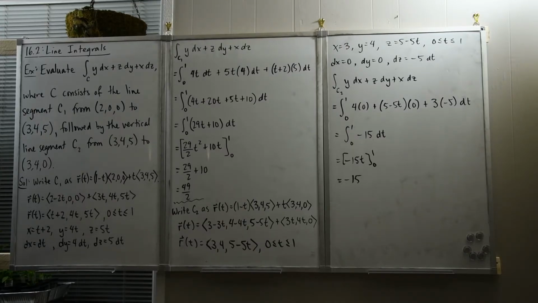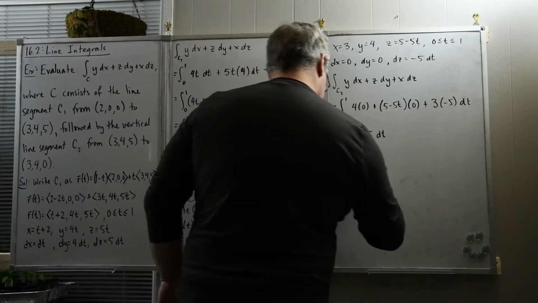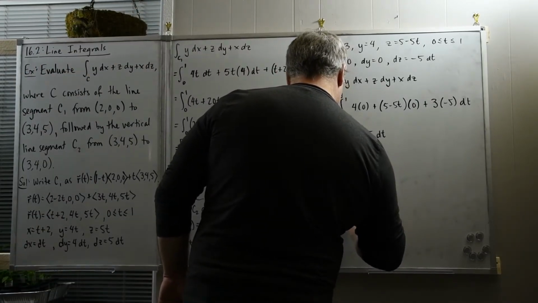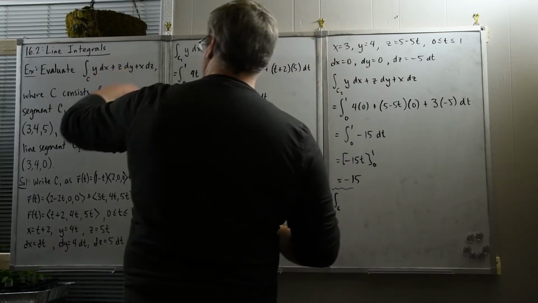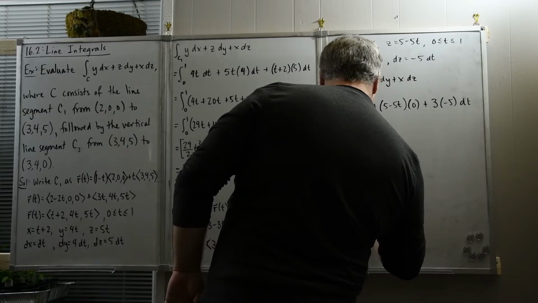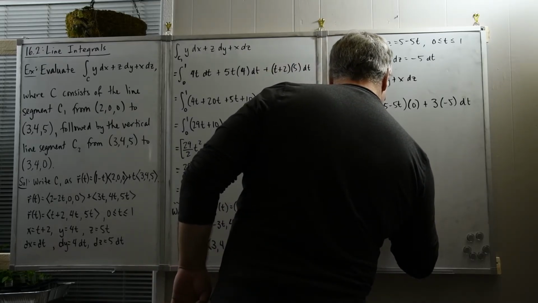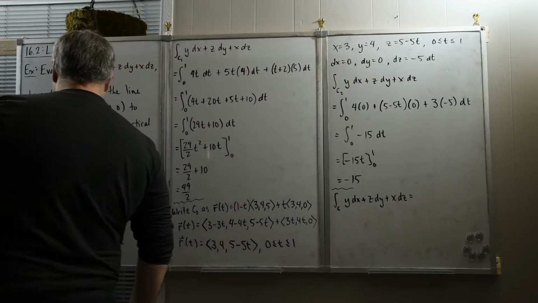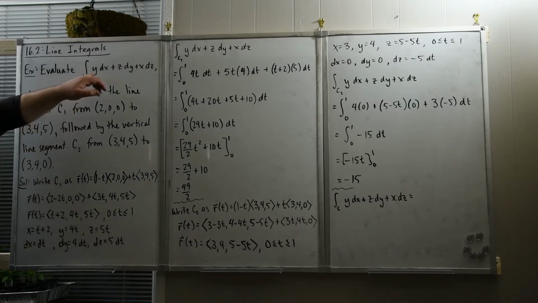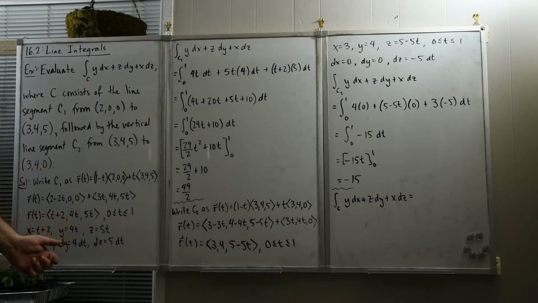Now, at this point, we've got to put it all together. Take the line integral along C of y dx plus z dy plus x dz. That's the same as the line integral of this thing along C1 plus the line integral of the same thing along C2.